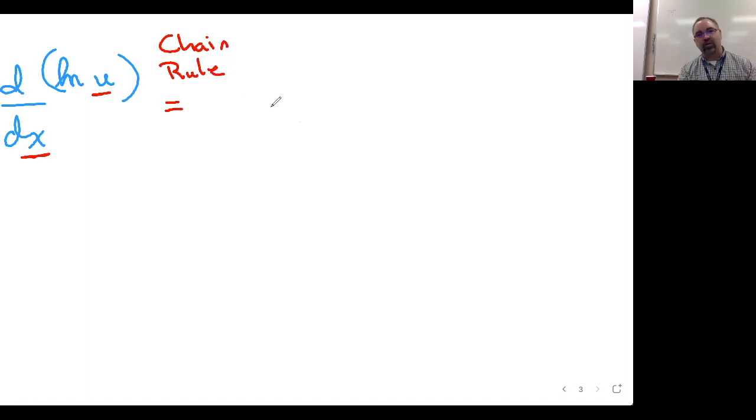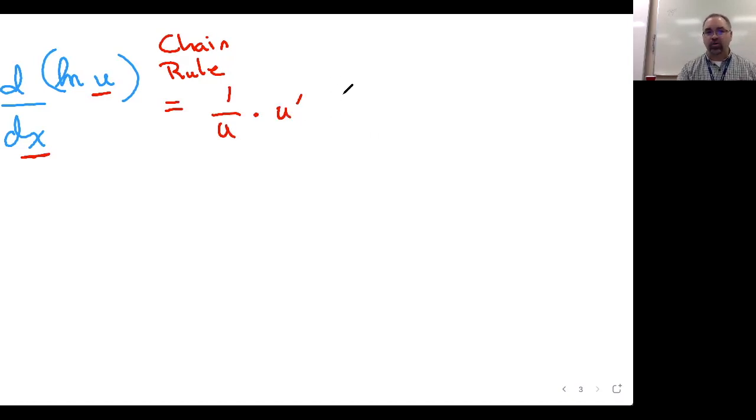Chain rule. That's right. When we start taking derivatives with natural logs and there are functions inside of natural logs, we've got to remember our chain rule. Well, that's not so bad, right? We know it's 1 over u for the natural log. And then the chain rule says, now wait, you're not done. Just multiply by the derivative of the inside function, u prime.